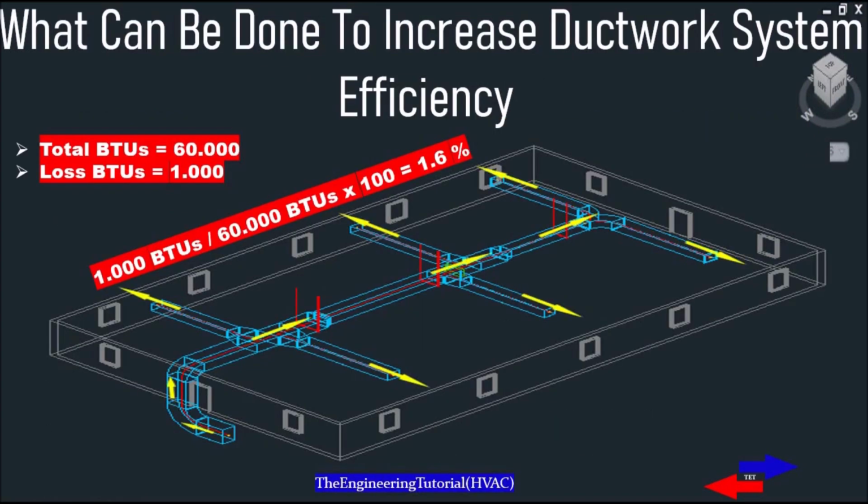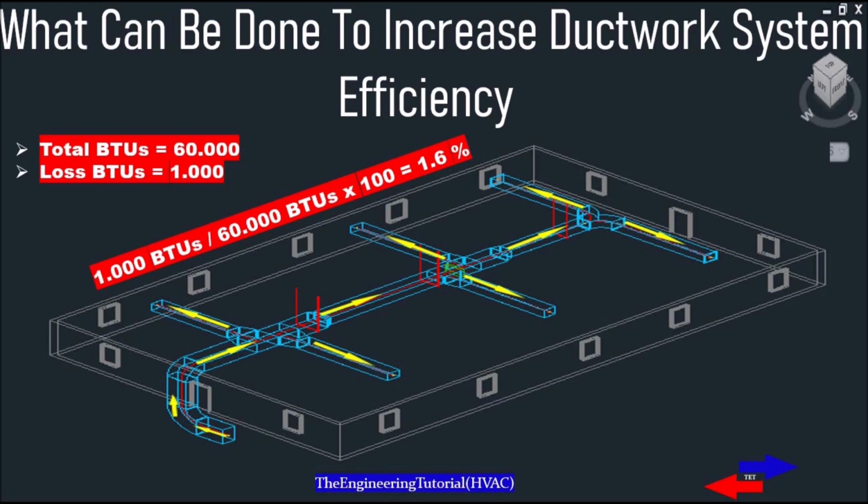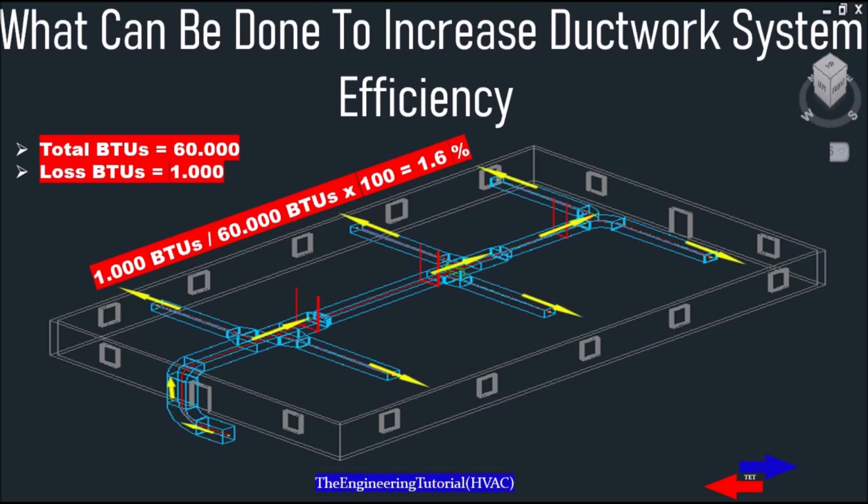And let's say the system we design has only a loss of 1000 BTUs of heat. So if you divide 1000 BTUs of heat lost by 60,000 BTUs and multiply by 100, that gives us 1.6% of heat loss within the system.